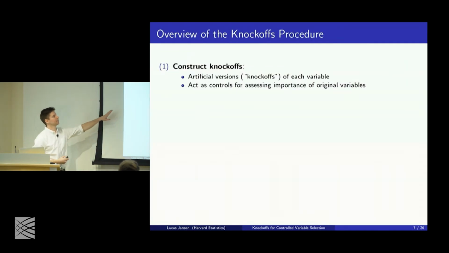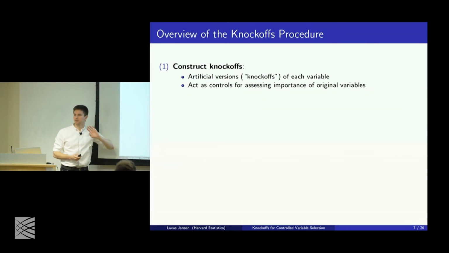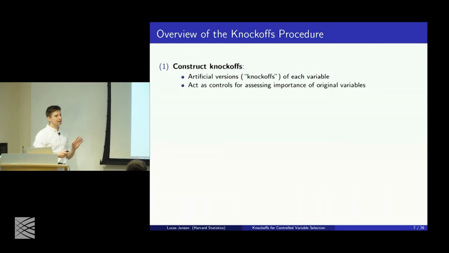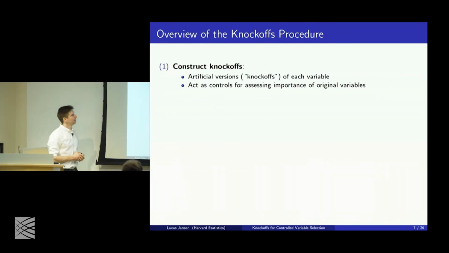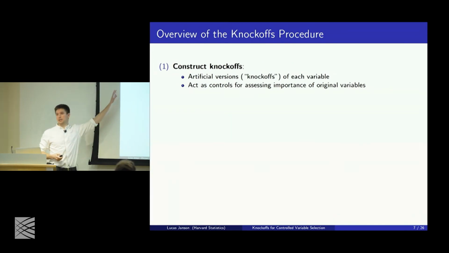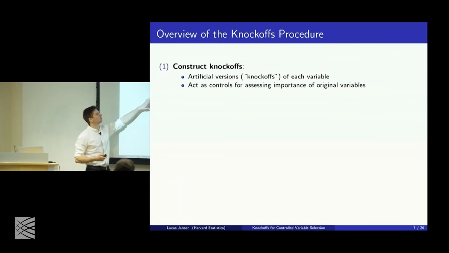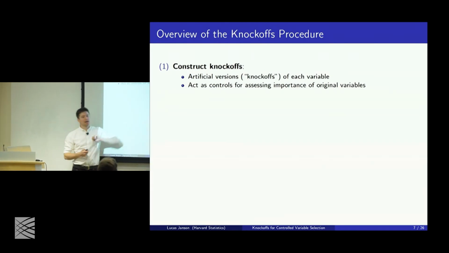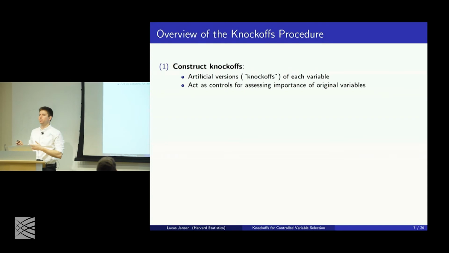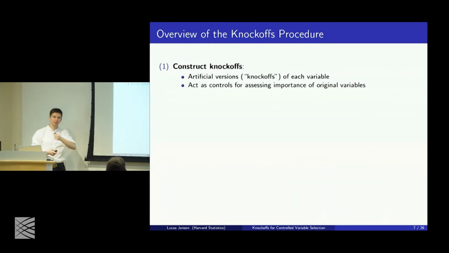All right, so this is in a lot more detail what I'm going to do, but still not really describing any of the steps, just writing them down. In the first step, I'm going to construct knockoffs. The name of the method comes from these fake variables that I create. Basically, I'm creating proxy variables for each of my original variables. I have P columns in my original data set, and I'm going to create P new columns on a computer.